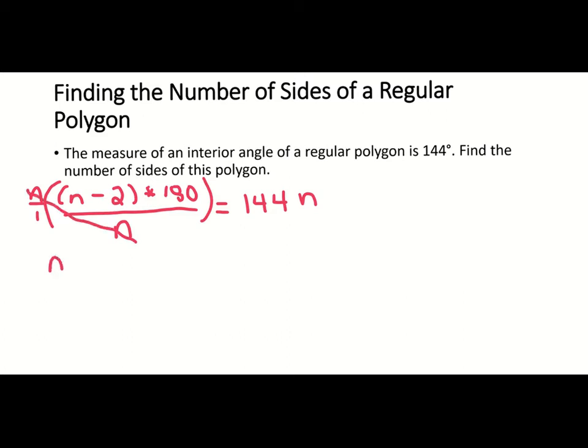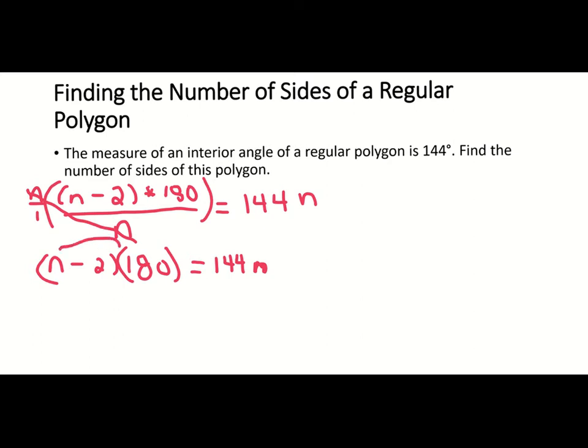On this side, I have n minus 2 times 180, and it equals 144n. And then you could either distribute your 180 and solve from there, or start by dividing, but we'll go ahead and just distribute.